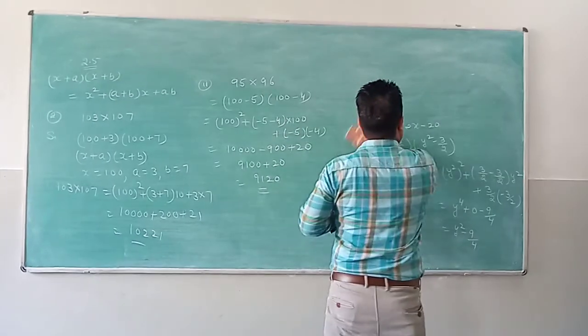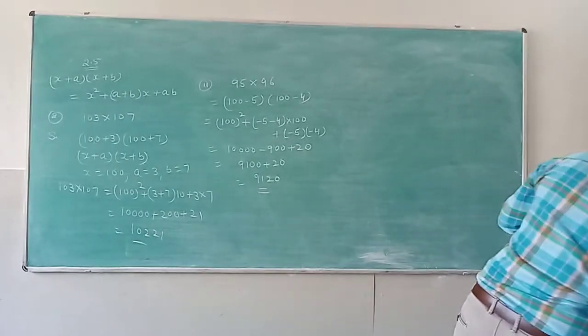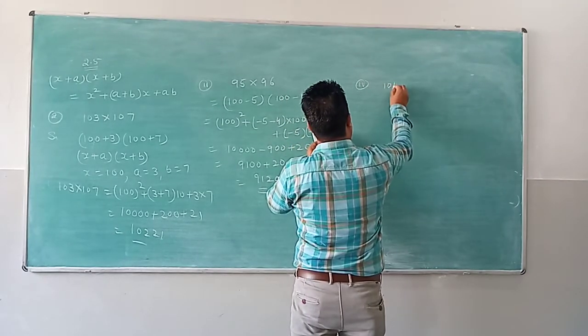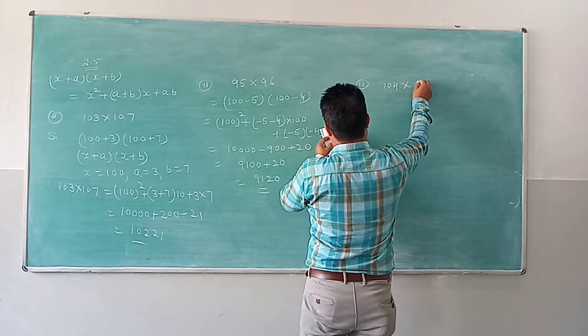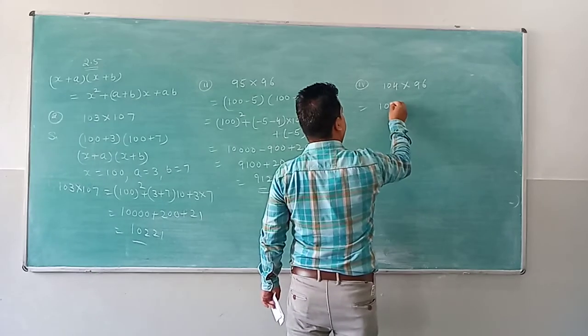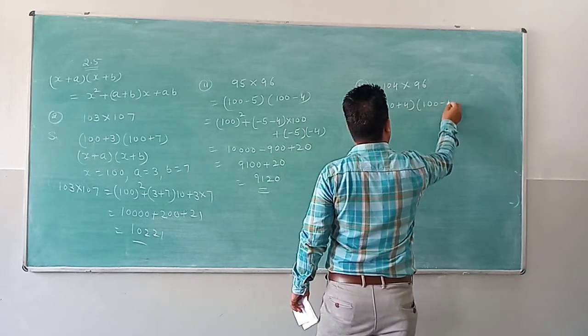In the next question, the statement is 104 into 96. We write this as 100 + 4 and this as 100 − 4.